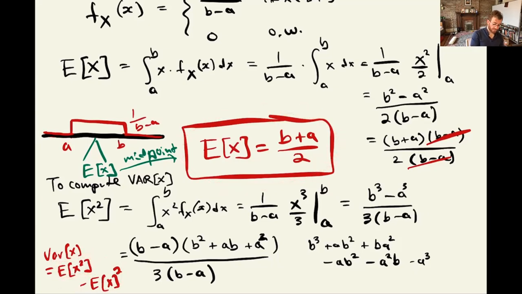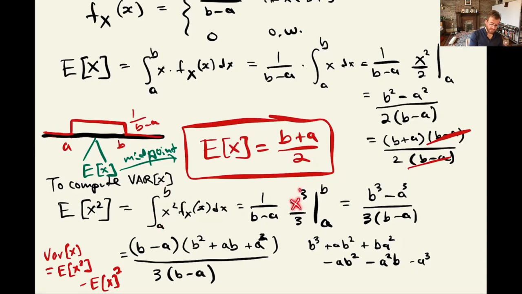That just amounts to taking the integral of x squared times the probability density function from A to B. Again, because it's a constant inside that window, that constant can factor out. And so now I just need to integrate x squared over my window of possibilities, which is A to B. Polynomials are easy to integrate because I can just raise the degree and then divide by that new degree.